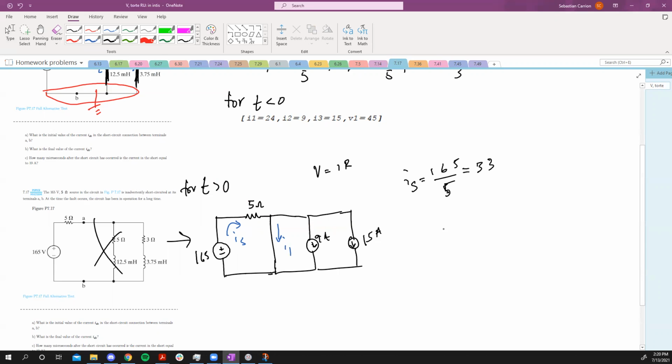So we got 33 equals I1 plus 9 plus 15. I1 is 9. So for our terminals A, B, the initial value of the current across the terminals in the short circuited connection is 9 amps.